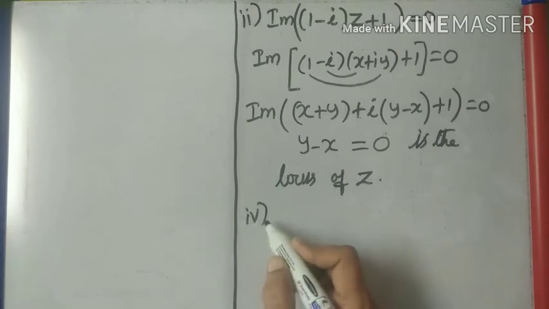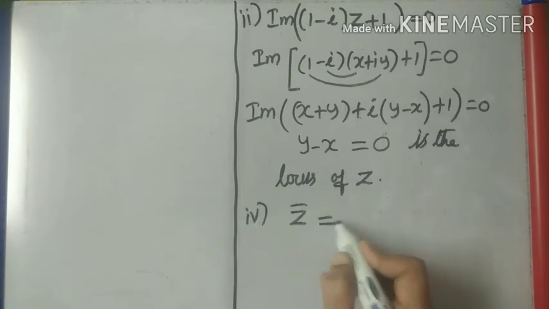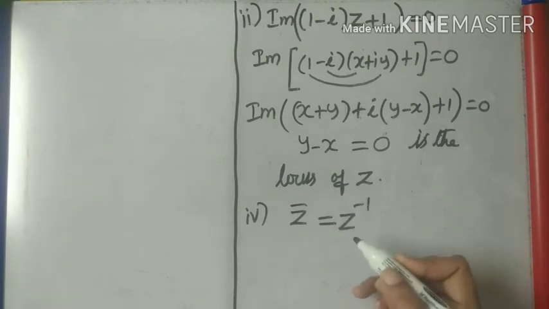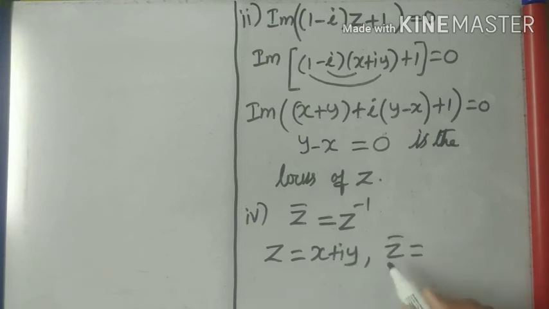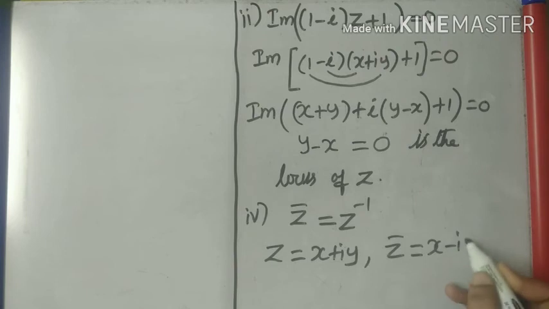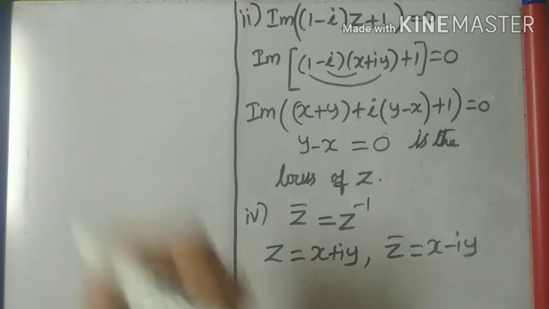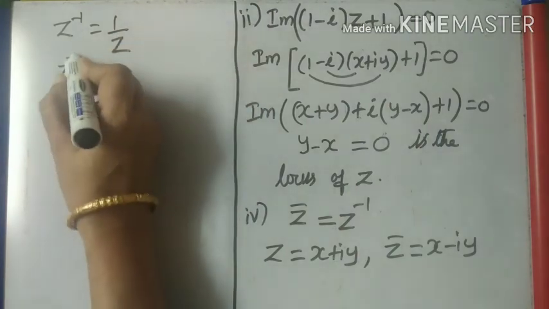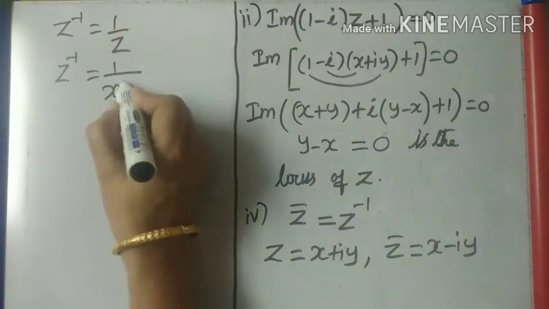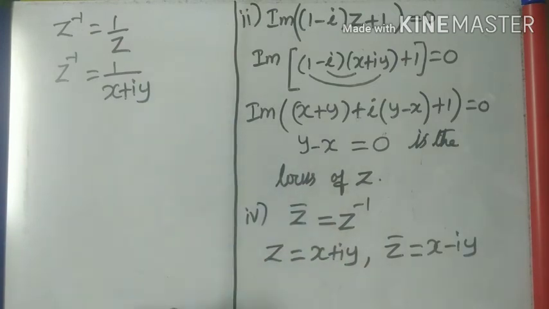Fourth subsection. Given z bar equals z inverse. Suppose I take z as x plus iy. What is z bar? It is the conjugate: x minus iy. And what is z inverse? It is 1 by z, which means 1 by x plus iy.